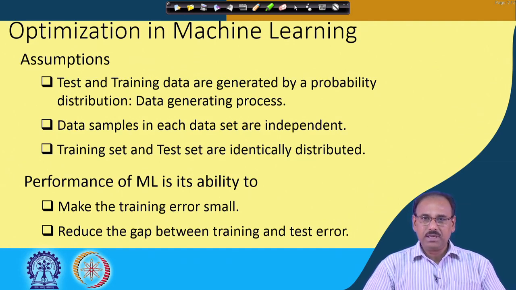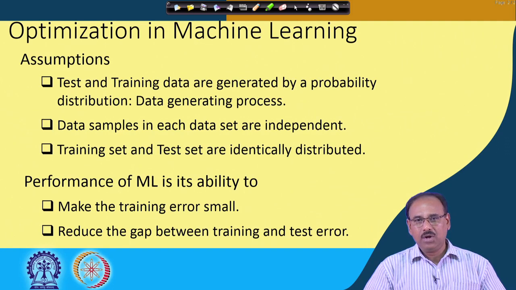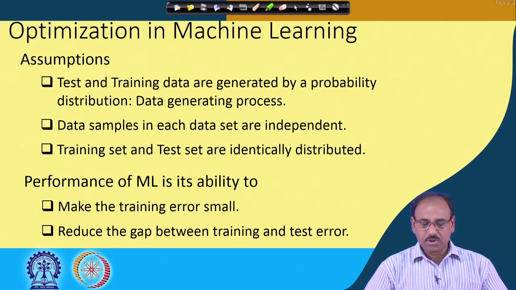So, once the machine is trained on the training data, you use the same machine on the test data. And in case of test data, ideally we want the error to be 0, but practically that may not be possible. So, while applying the same machine on the test data, we get some test error. Again, the performance of the machine learning algorithm is measured in terms of the gap between the training error and the test error.